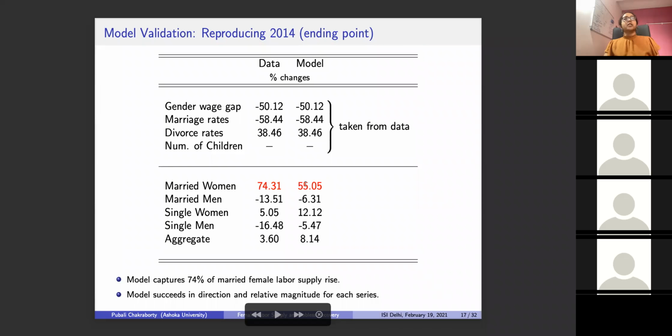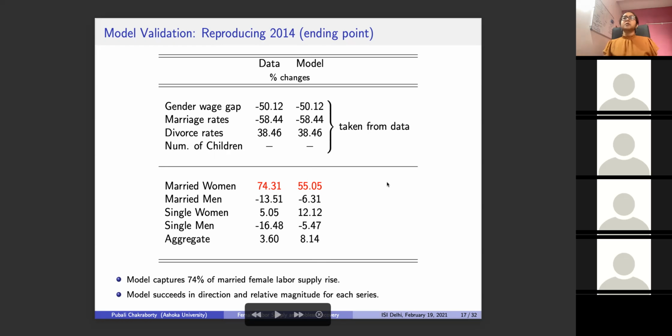This change is not as much as the decrease for married men. So in terms of both direction as well as the relative magnitude for each of these series, my model does a good job of replicating 2014, which is the ending point of my analysis.